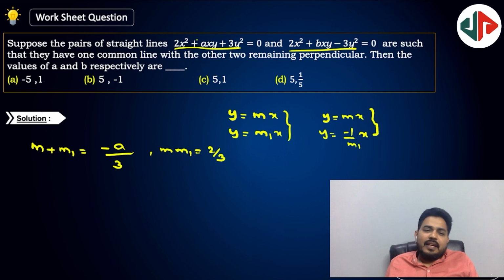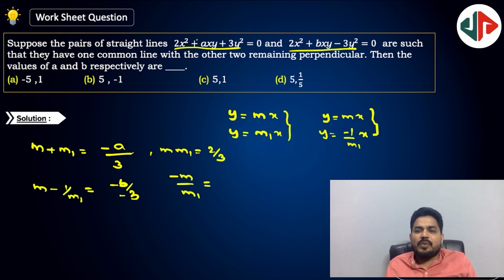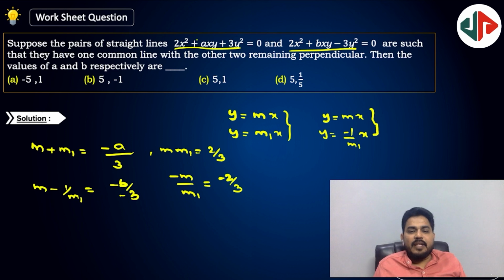Next, m minus 1 by m1 is equal to minus b by minus 3, and minus m by m1 is equal to, what is that? Minus 2 by minus 2.